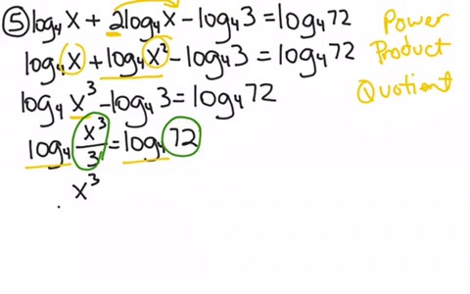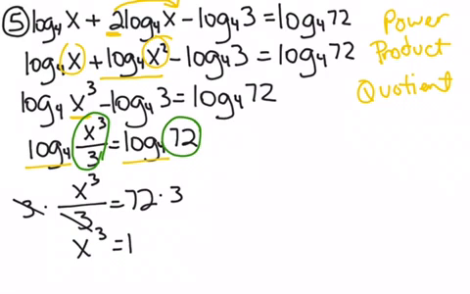So I can drop the logs and simplify and solve. I'm going to get rid of my denominator. x cubed equals 216, sorry. Take the cube root of both sides, and x equals 6.